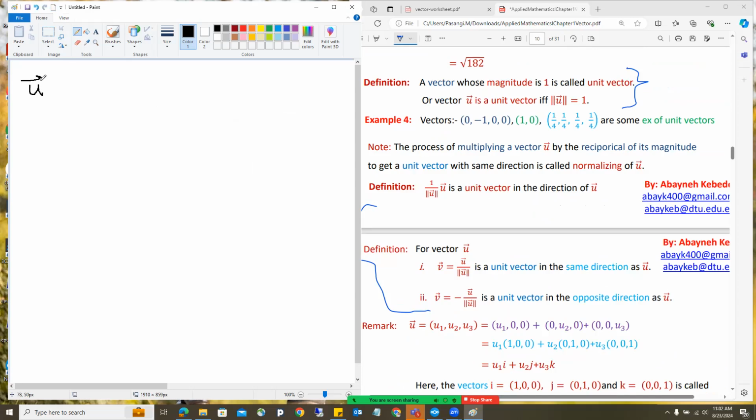Now, the vector u they have defined as (1/4, 1/4, 1/4, 1/4). How to get the modulus of u?